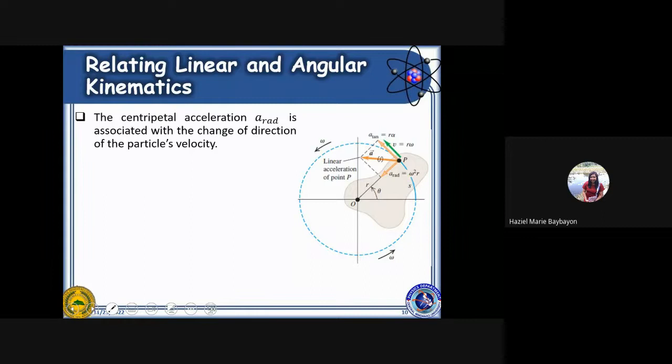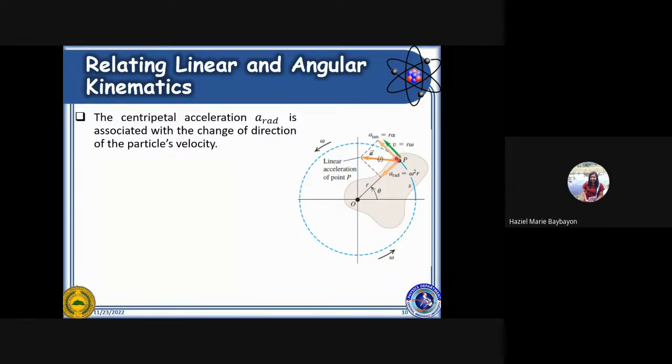Now, aside from the tangential acceleration, we know that for circular motion or rotational motion, we have what we call the centripetal acceleration, which is always directed towards the center of the circular path. Okay, so take a look at this drawing, class. This is your tangential velocity, always tangent to the circular path.